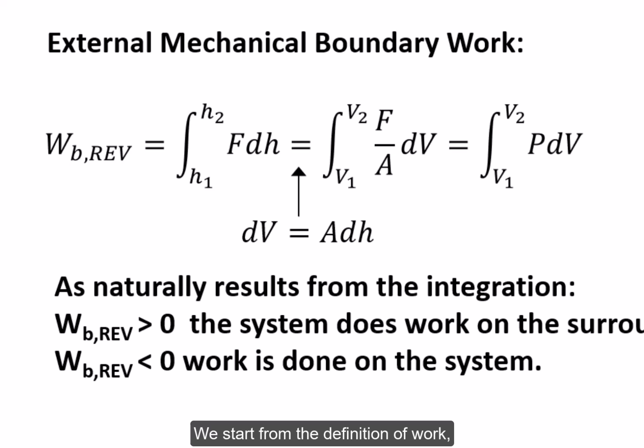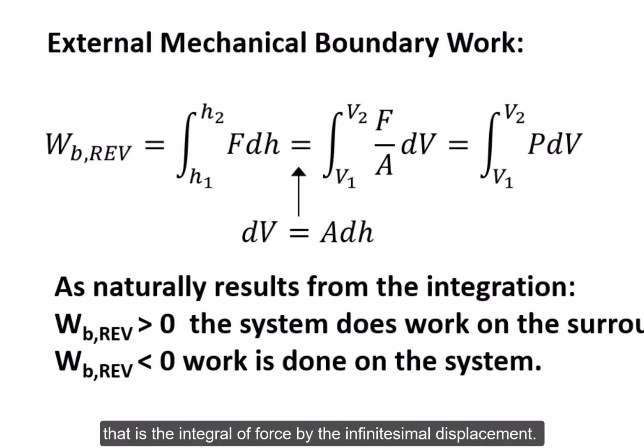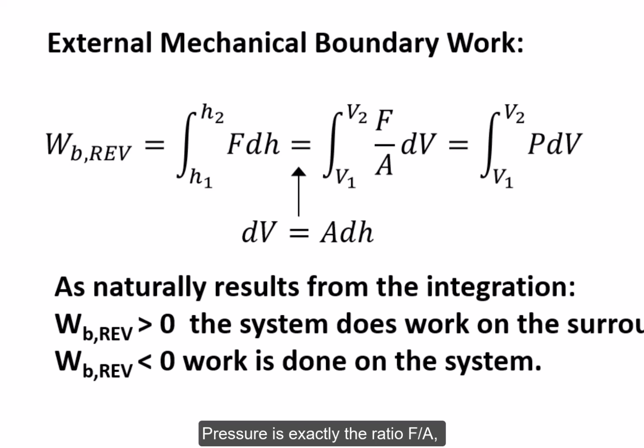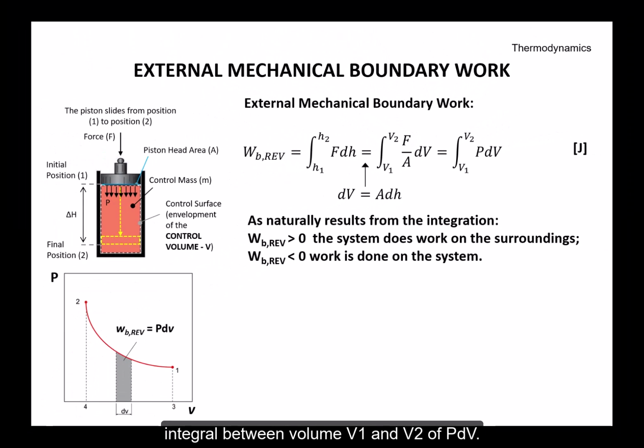We start from the definition of work, that is the integral of force by infinitesimal displacement. As previously defined, the infinitesimal vertical displacement can be replaced by the ratio between the infinitesimal volume dV and the piston head area A. Pressure is exactly the ratio between force and surface, which leads to an expression for the work as the integral between V1 and V2 of P dV.